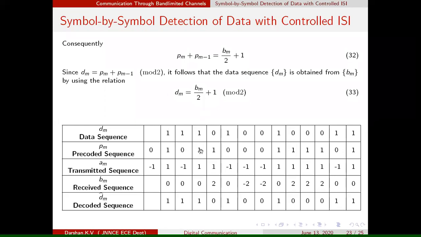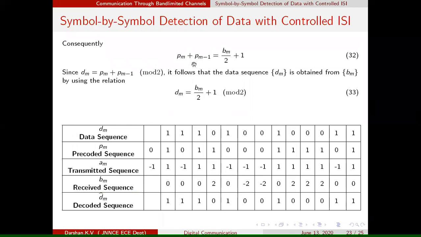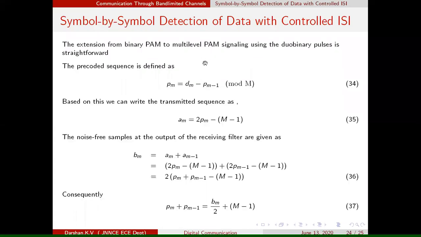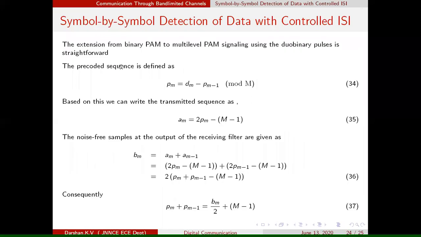Now, if we go back to equation number 29 and try to get PM plus PM minus 1, you take this to the LHS. So PM plus PM minus 1 is equal to DM. That is what has been written over here.